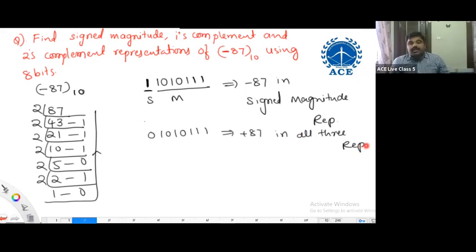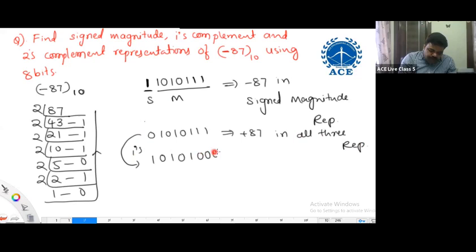Be clear about this: it is plus 87 in signed magnitude, in 1's complement, and also in 2's complement representation. I want to get minus 87 in 1's complement as well as 2's complement. How to get that? Let me take the 1's complement of this. We get 10101000. It is minus 87 in 1's complement representation.